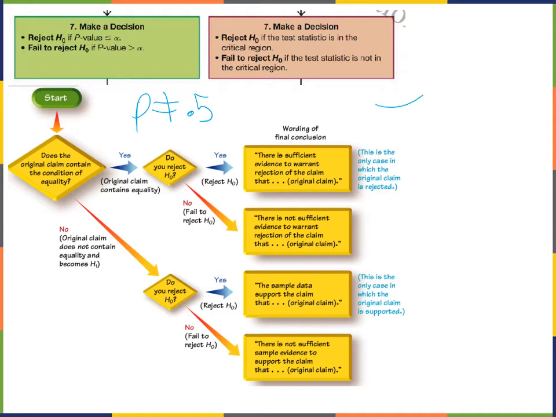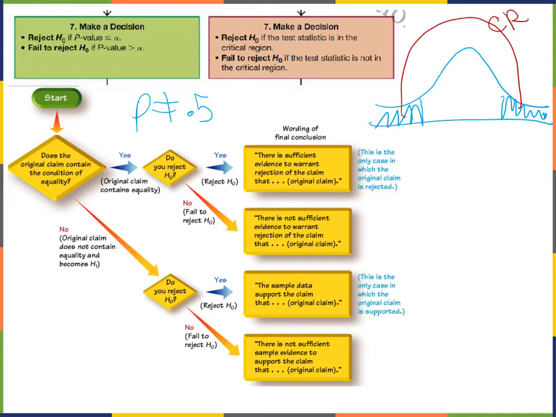We would still have a two-tailed test, but instead of calling these tails the p-value, I'm going to call these two tails the critical region. Okay? And the critical region is defined by alpha. So alpha is 0.01 stated in the problem. What we would need to do is find what z-score we had here and here, separating the critical region from everything else.